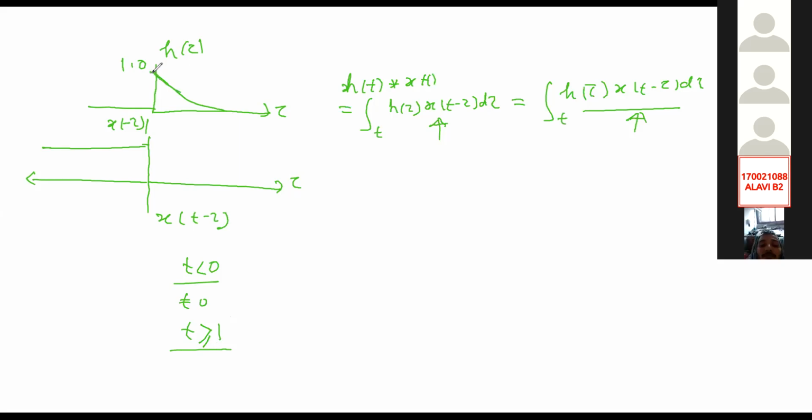Although we have drawn this signal, it depends on e to the power minus tau, something like this. Theoretically, the signal exists for tau from 0 to infinity, isn't it? Yes, sir. At infinity, h(tau) would be equal to 0, but it progressively decreases for higher values of tau. Theoretically, that signal exists from 0 to infinity.